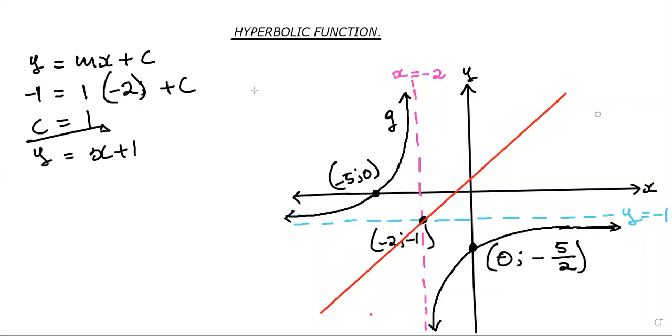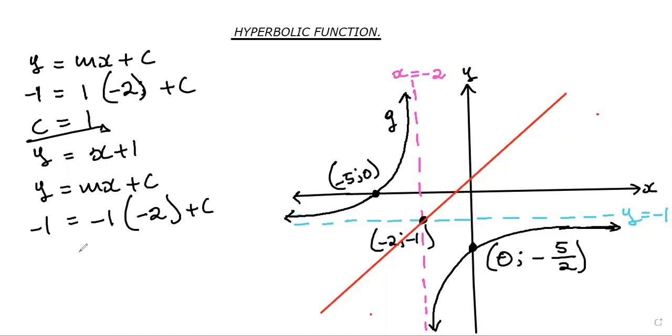Okay. So let's go and find the equation of the line of symmetry with a negative gradient. And we must also sketch it. So here we said the gradient will be exactly -1. So what about the x value? The x value is still -2, and then the y value is going to be -1.